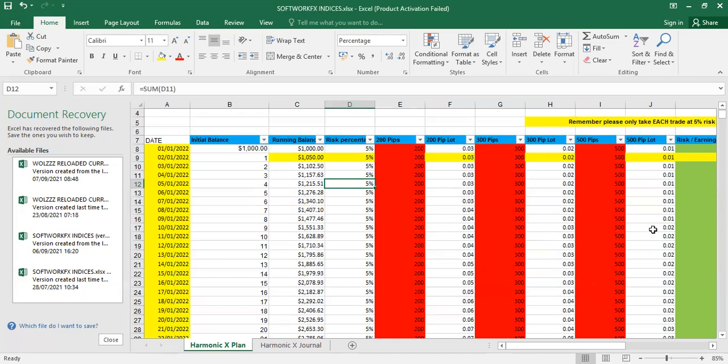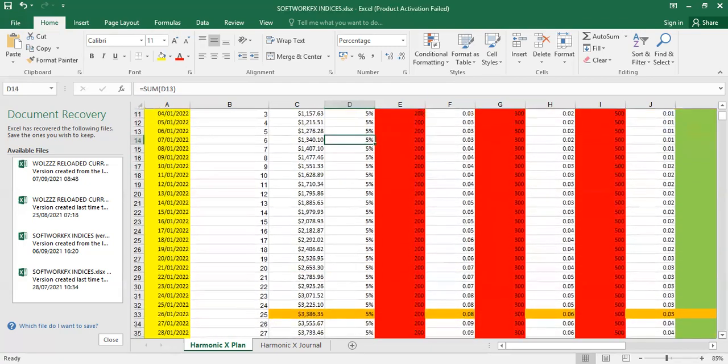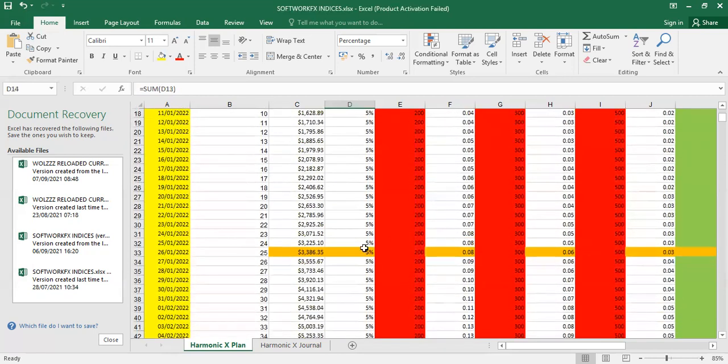And as the lot size is changing, it will still be giving you the same number of pips you are targeting per day. It will still be delivering the 5% you are aiming for on a daily basis. If you look at the document, it's only the lot size that is changing, and it will still be delivering the same 5% on your account on a compounding plan basis.